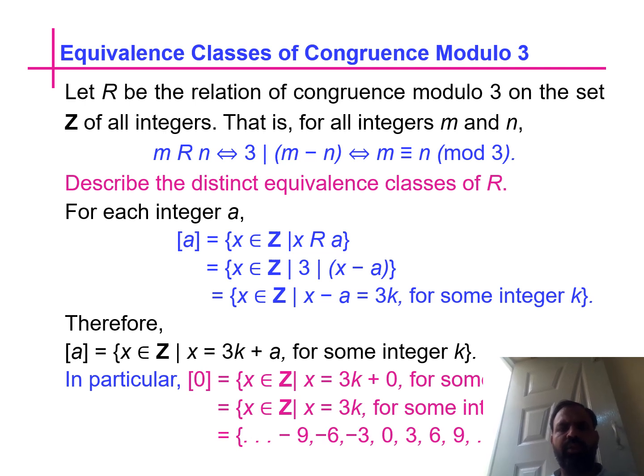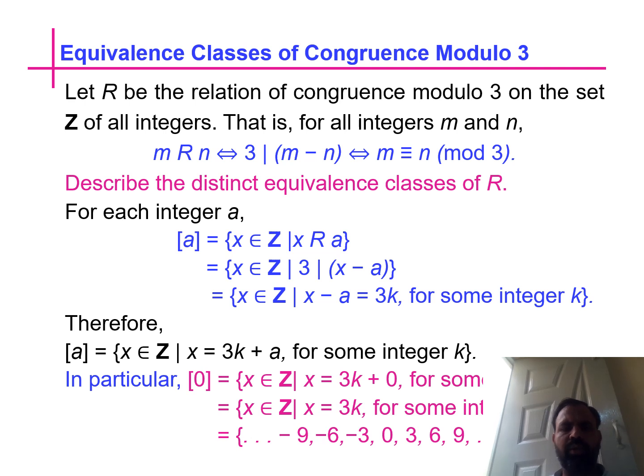Describe the distinct equivalence classes of R. For each integer a, the class of a is the set of x belonging to Z such that x R a, that is, 3 divides x minus a. So x minus a is equal to 3k for some integer k. Therefore the class of a is x belongs to Z such that x is equal to 3k plus a for some integer k.